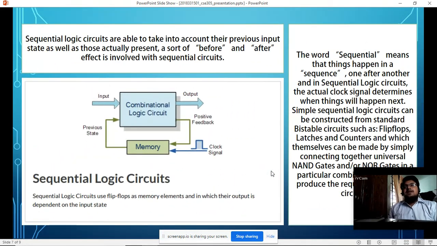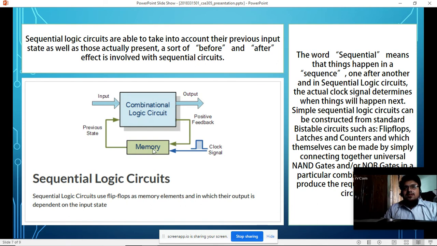On the next slide, the sequential logic circuits are able to take into account their previous input state as well as those actually present. A sort of before and after effect is involved with sequential circuits. So there is the input, the output, and also a positive feedback.